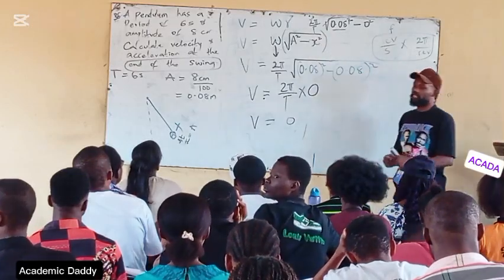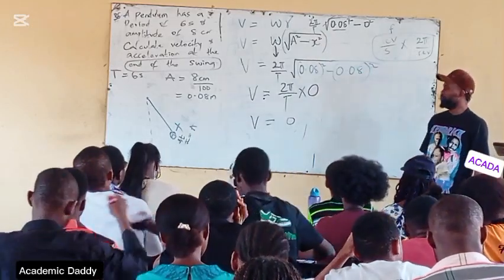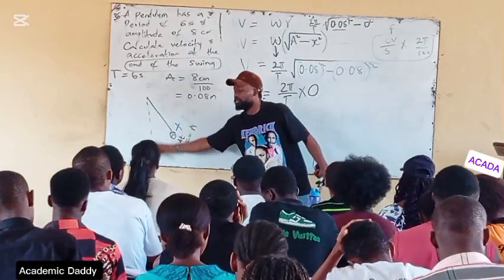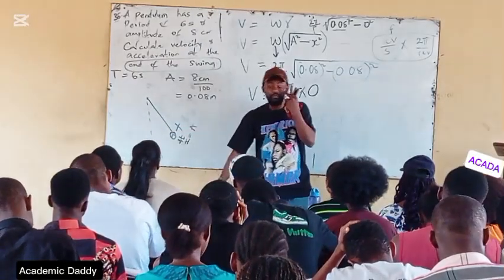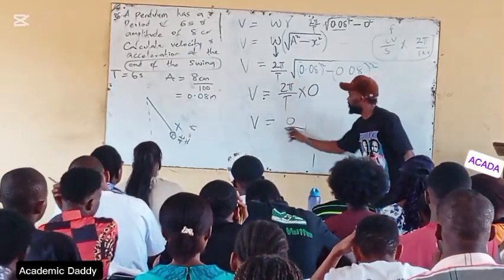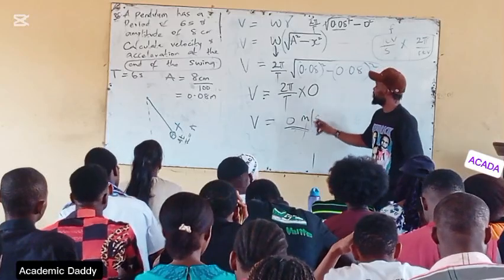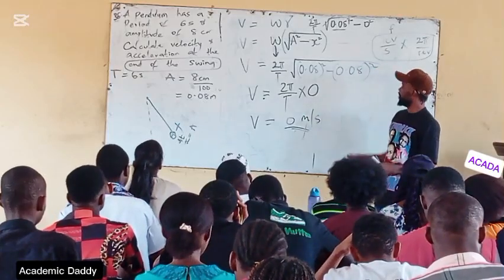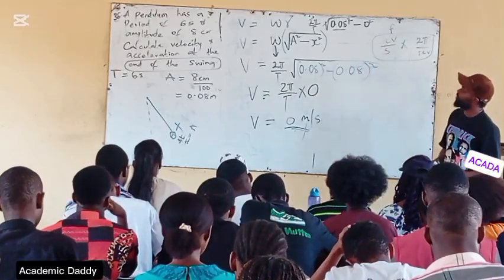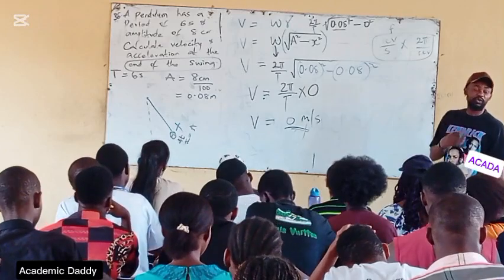That's the answer. Actually, it's at the point of equilibrium, which is this. Assuming the displacement is here, it's not confusing. This is our answer. Velocity is equal to 0 meter per second. Yes, our velocity is 0 meter per second. But actually, I'm not giving you an instance.